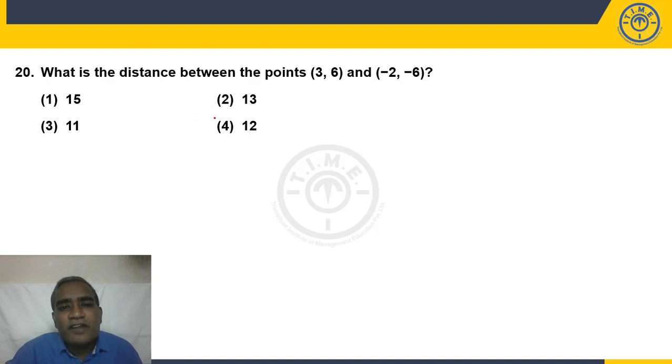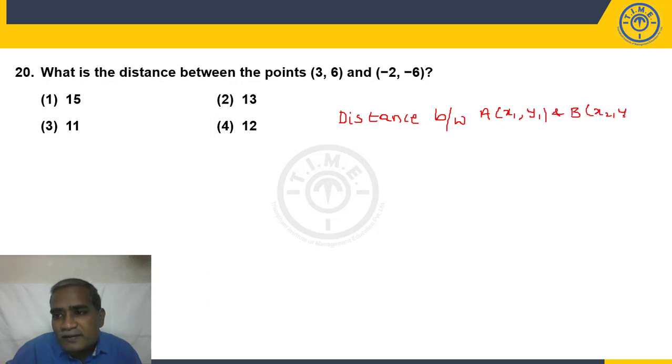What is the distance between the points 3, 6 and minus 2, minus 6? I have given the formula. Distance between A x1, y1 and B x2, y2 is square root of x1 minus x2 whole square plus y1 minus y2 whole square.